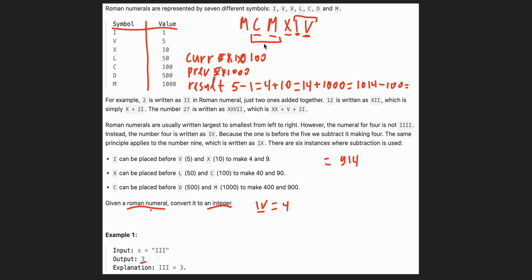Now our previous becomes C, which is 100, and our current is M, which is 1000. 1000 is more than 100, which means that we are just adding that to our result. So our final result is 1914, which we are returning.